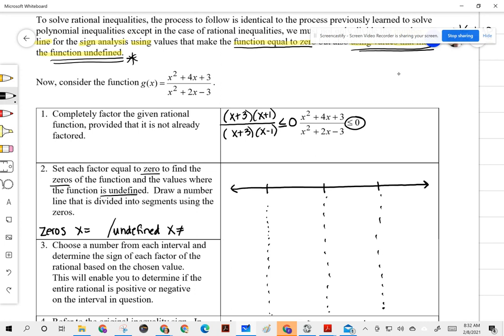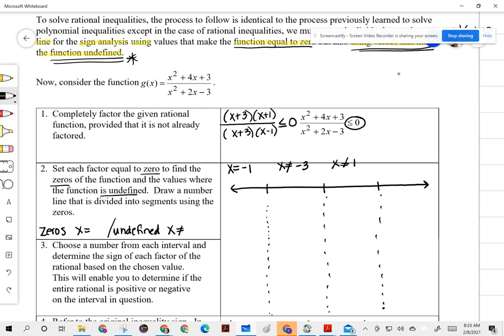So if we take a look at our zeros, let's look at the numerator. The 0 is going to be x is equal to -1. And then we also can see that x is not allowed to be -3, and x is not allowed to be positive 1. And you can see when I put a slash through that equal sign, that's going to indicate the undefined portion.